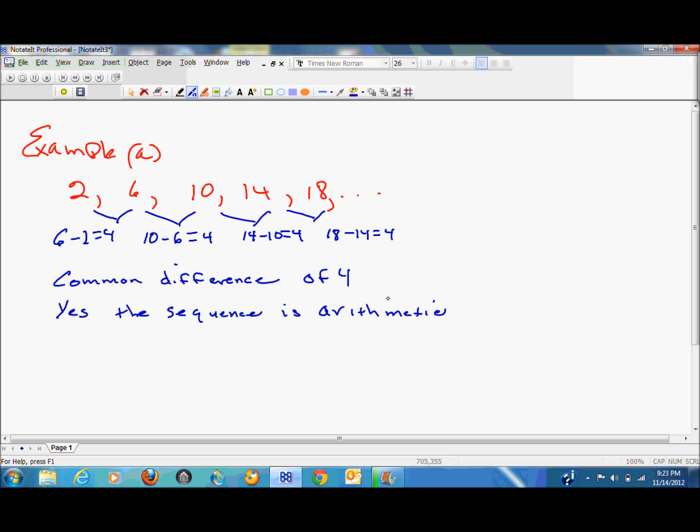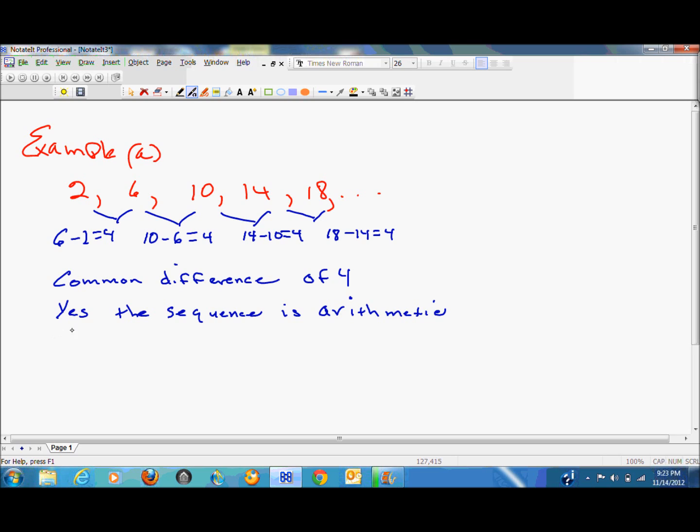Okay, I can say that. Now the next part asks me to find the actual next 3 terms.